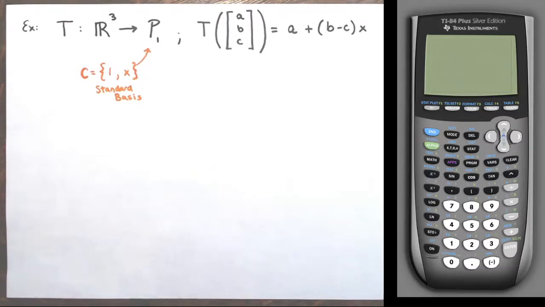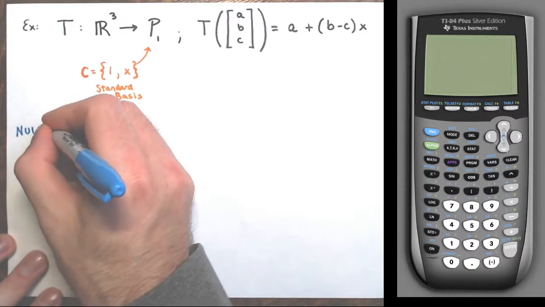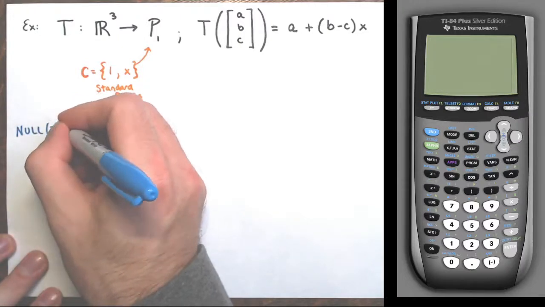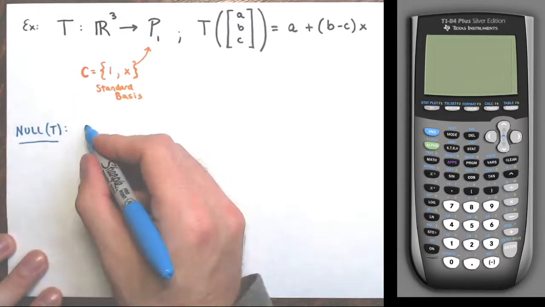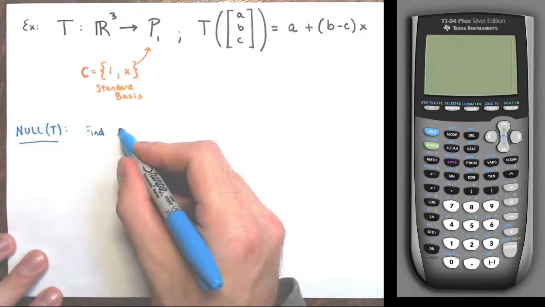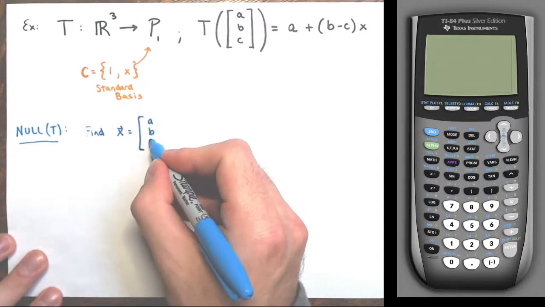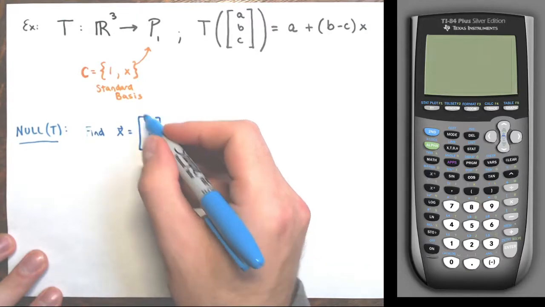So again, let me show you the two different ways we could do this. Find the null space of T. So we're trying to find vectors from the domain, say x, which is this A, B, C here, and this just represents any vector from R3.